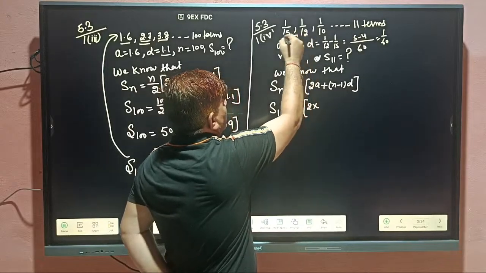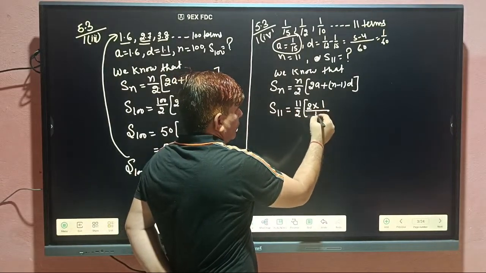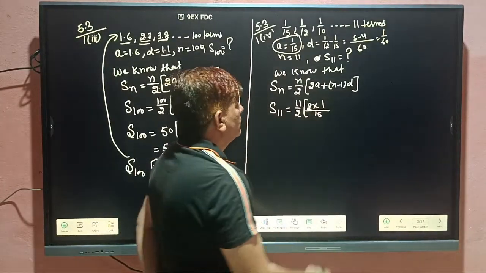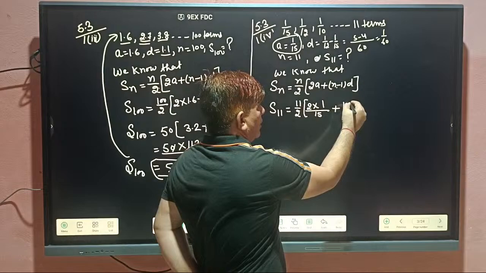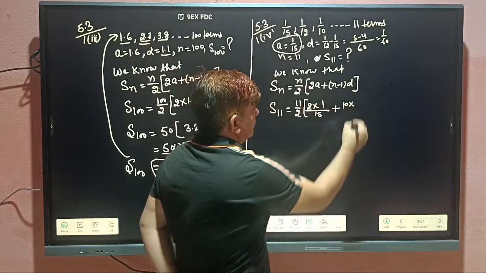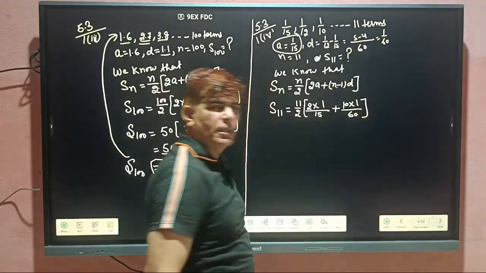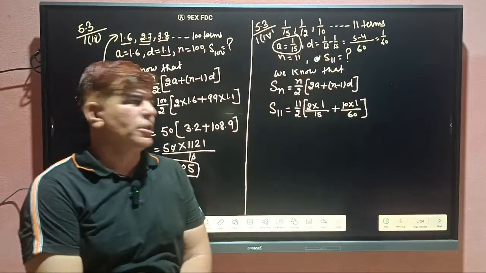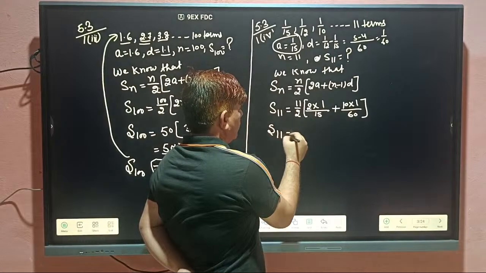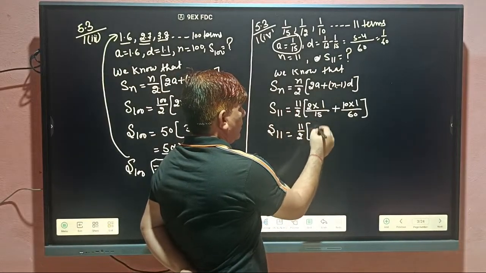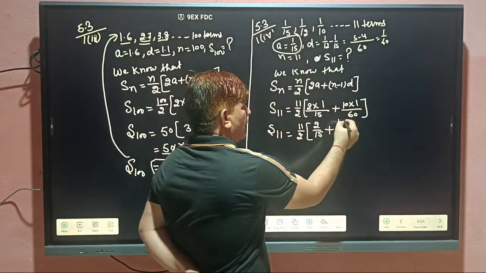A is 1 by 15, plus 11 minus 1, 10, into d, 1 by 60. If you know this, it is easy to solve, such a simple question. So S11 equal to 11 by 2, 2 by 15 plus 10 by 60.